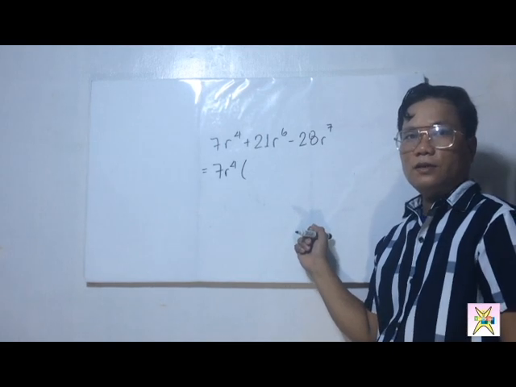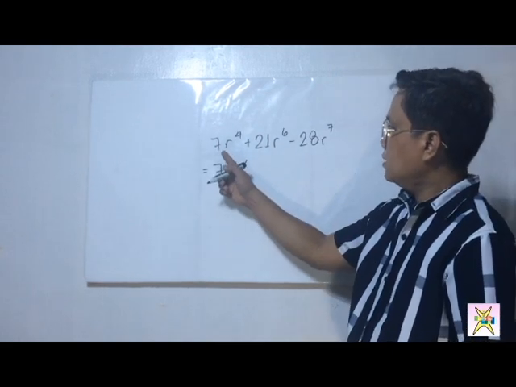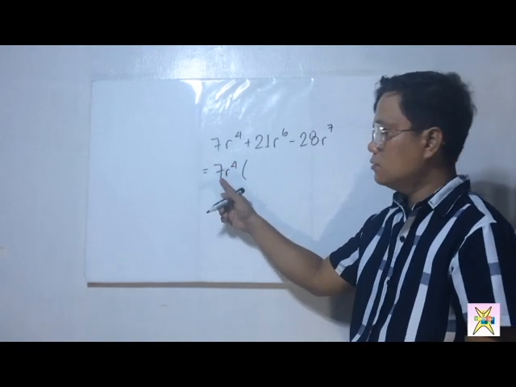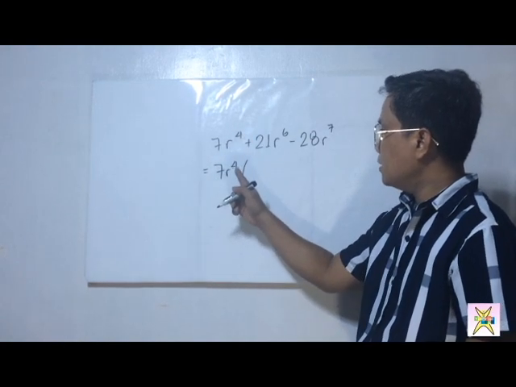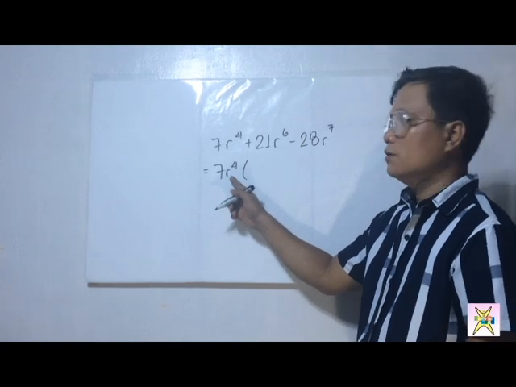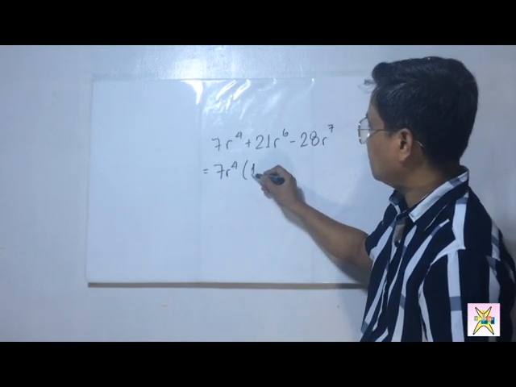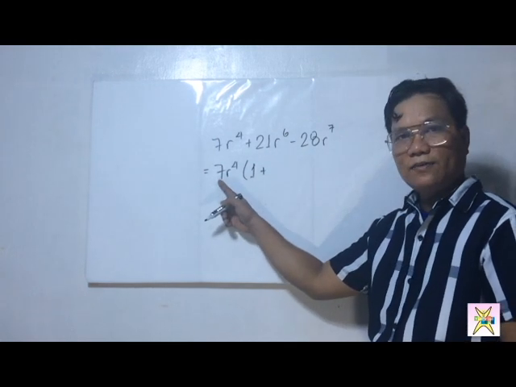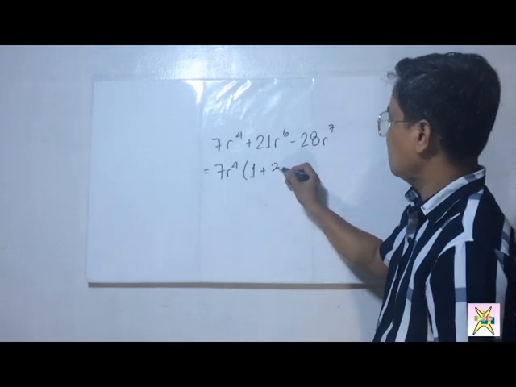By simply dividing, we have 7 divided by 7, that is 1, and r raised to the 4th power divided by r raised to the 4th power, that is simply 1. Plus 21 divided by 7 is 3.